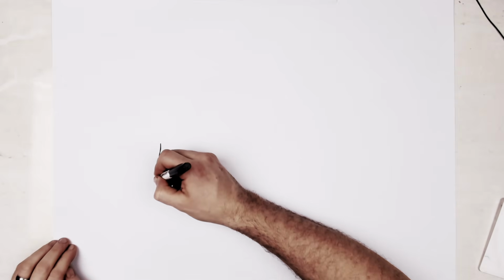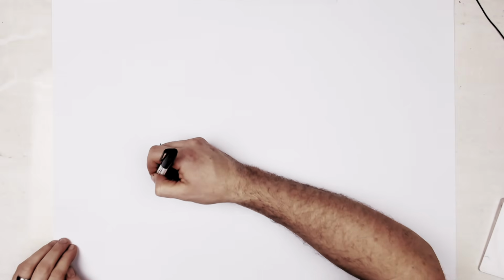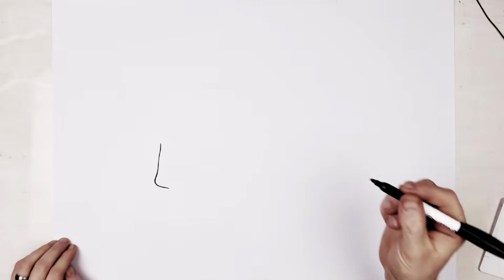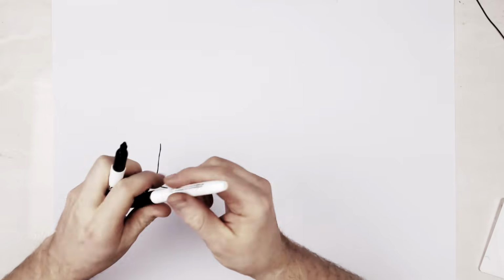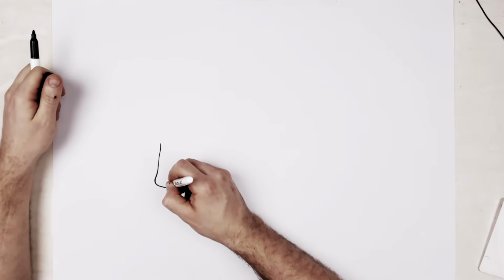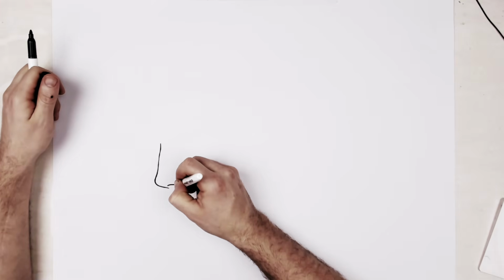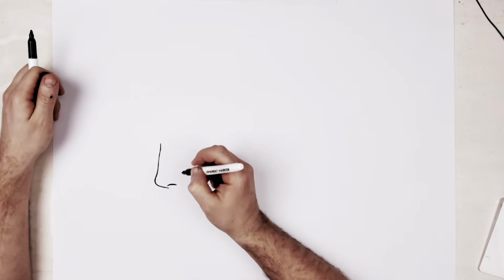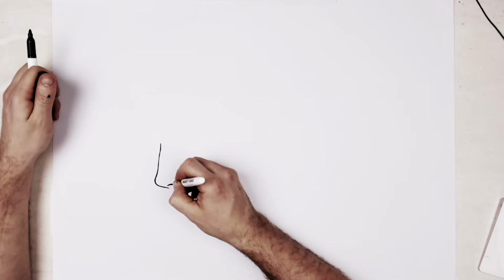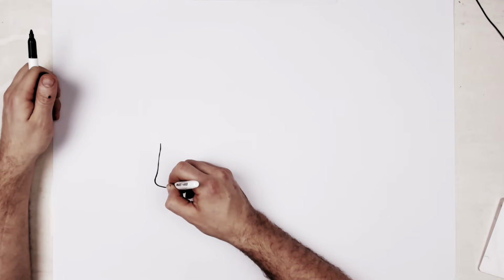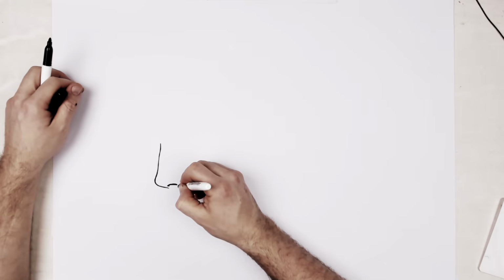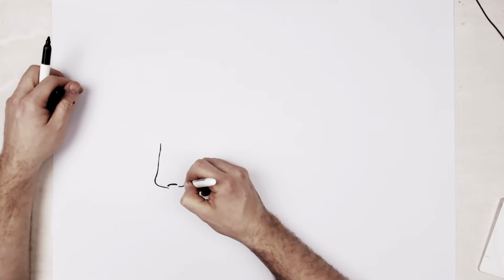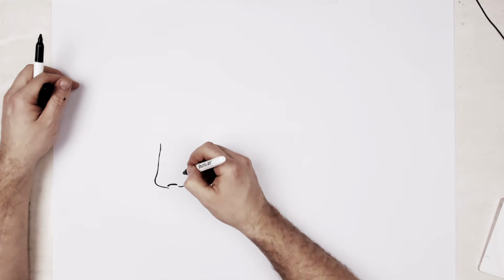So then it comes around, down, connects with his top lip there. Right, and then his nostril, just there. And then the skin of his nostril at the back, curving around.